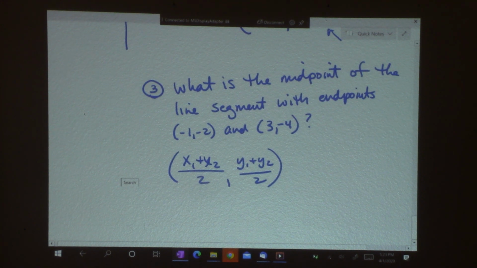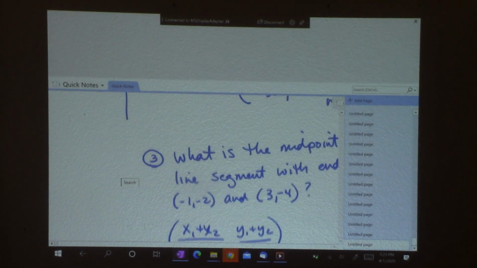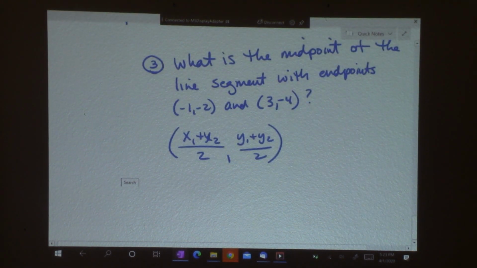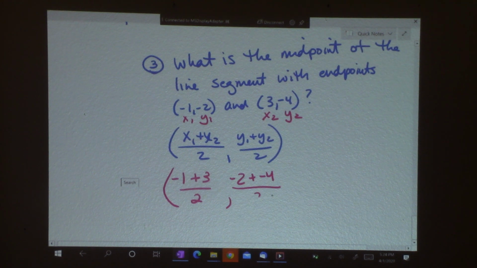All I'm going to do is put the numbers in. So I'm going to label this. I'm going to change colors really fast. So let's see, x1, y1, x2, y2. Okay, so x1 is -1, x2 is 3 over 2. Then y1 is -2, and y2 is -4.